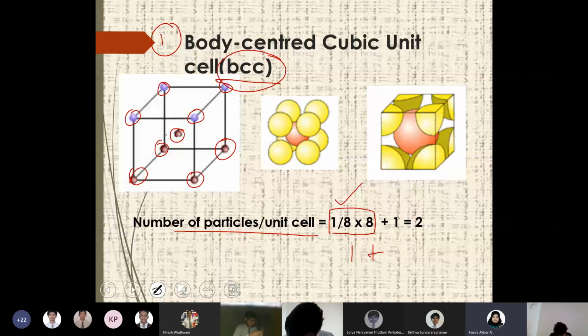It's not shared with anything else because it is inside the cube, not shared with any other unit cell. So it will be completely available. So the total will be 2. So 2 particles per unit cell if the arrangement is BCC, body-centered cubic arrangement.